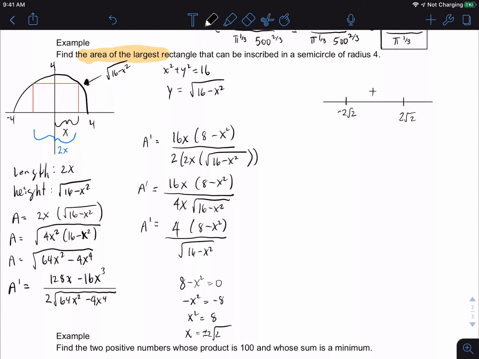So I'm just trying to do the math. Let's say I picked 3 as a number. So if I pick 3, the denominator is going to be positive. The numerator would be negative, so that's negative. And so over here, we're going to get the same thing. So we get negative, positive, negative.